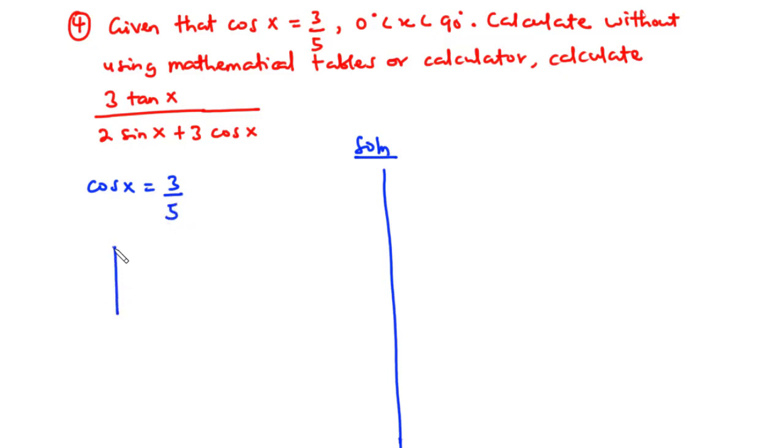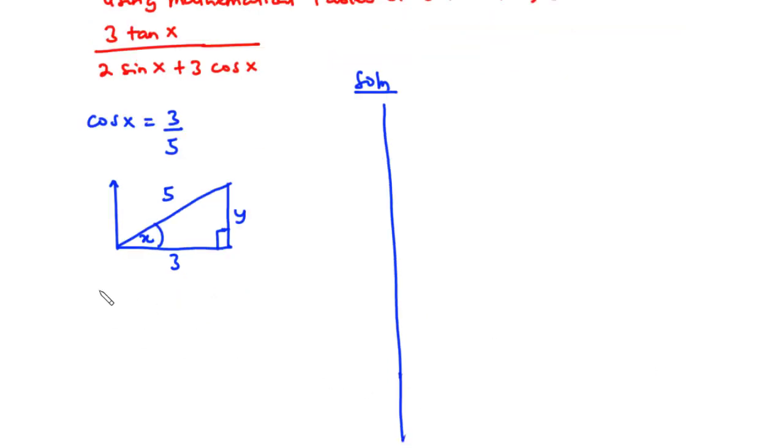Let's draw our right angle triangle. Cos is adjacent over hypotenuse. So we have adjacent to be 3, hypotenuse to be 5. Let the opposite side be y. Now let's find the value of y.